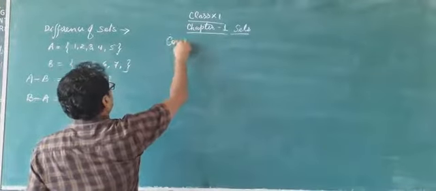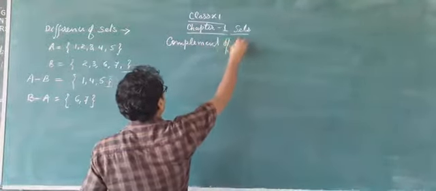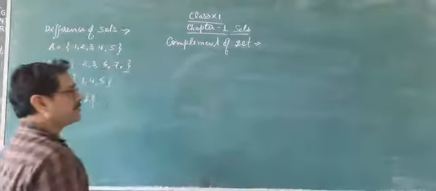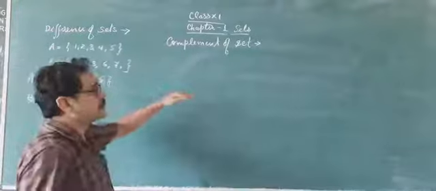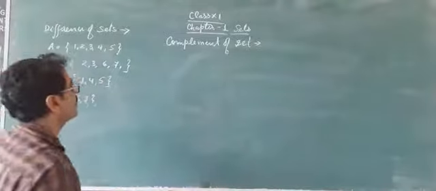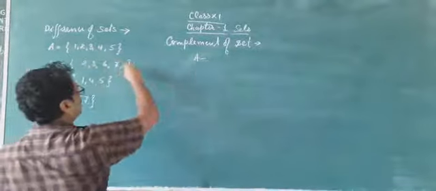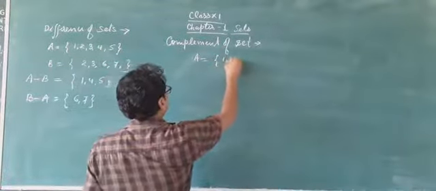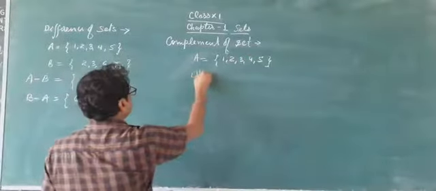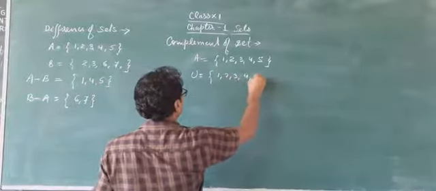Similarly, the complement of set. So complement of set means just like the difference but with respect to universal set. Suppose that A is equal to 1, 2, 3, 4, 5, and the universal set of this set is suppose 1, 2, 3, 4, 5, 6.